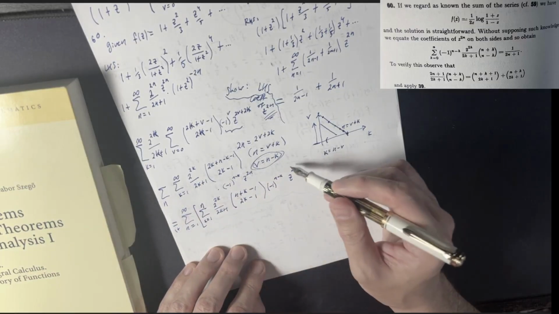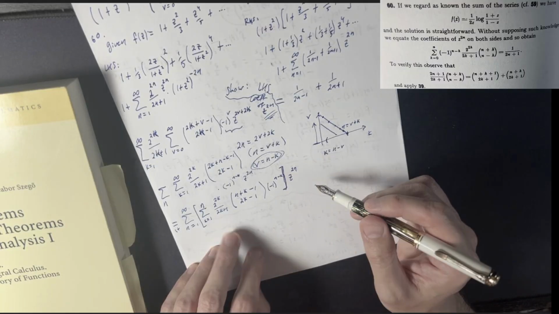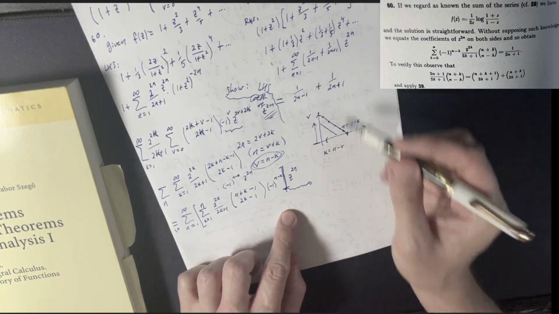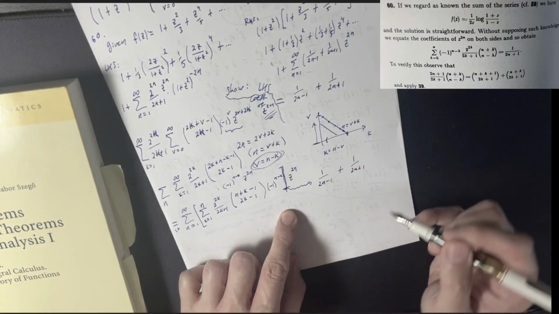This chunk inside is the coefficient on the left-hand side. That's what we've seen. This is supposed to be equal to this stuff, 1 over 2n minus 1 plus 1 over 2n plus 1.